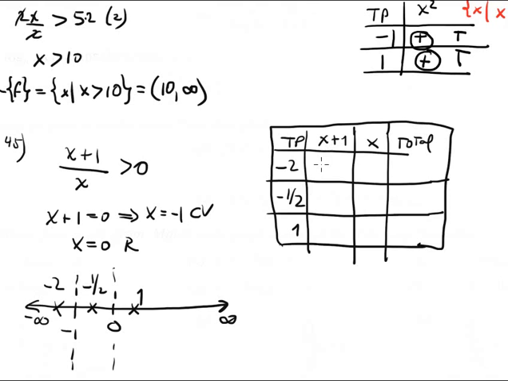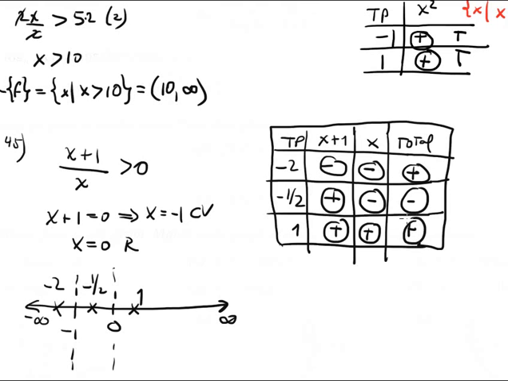Negative 2 here is negative. Negative 2 here is negative again. Now the answer is positive. Negative 1/2 here is positive, this is negative, this is negative. And 1 here is positive, and it's positive. Therefore, the part that is true, corresponding with the positive part, is this and this.